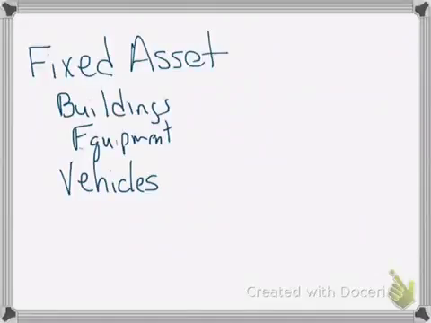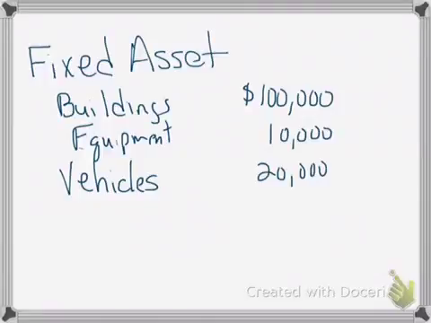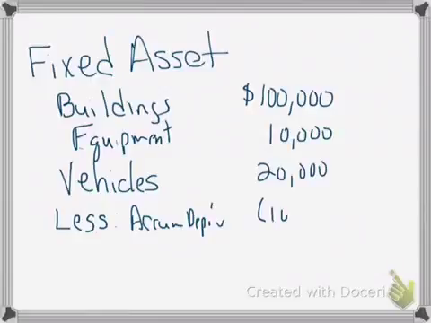So what we see here is that we would list these things out, and so we might say buildings are worth $100,000, equipment is worth $10,000, we have vehicles $20,000, and then we would come underneath it and say, okay, less accumulated depreciation of, let's just say, $10,000.